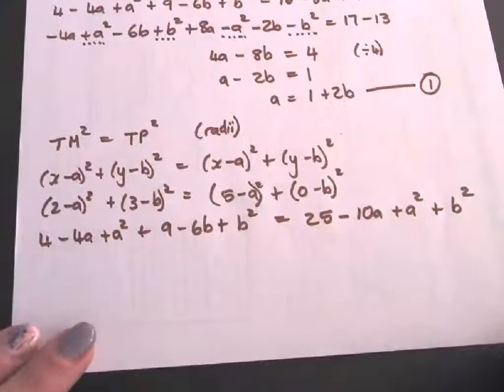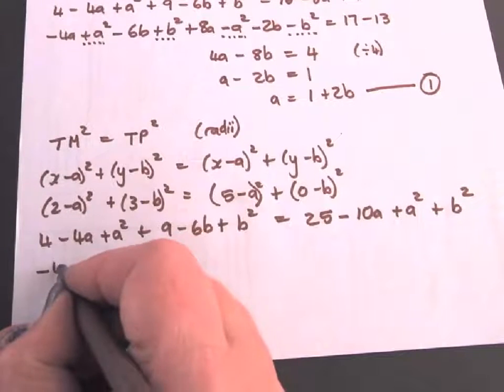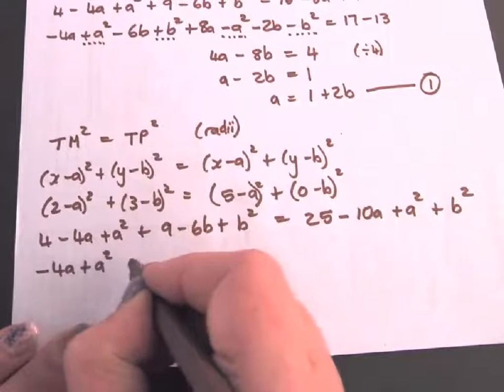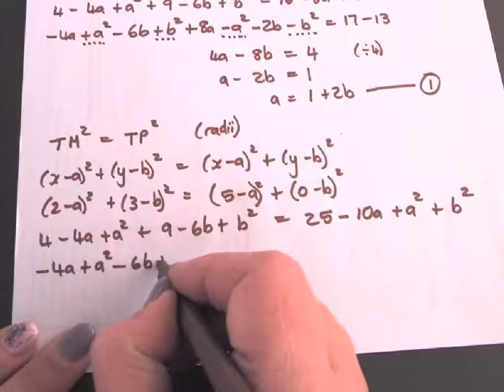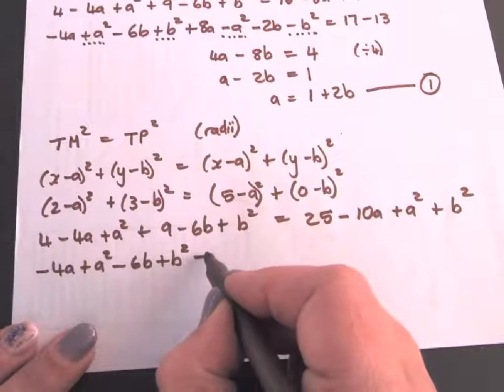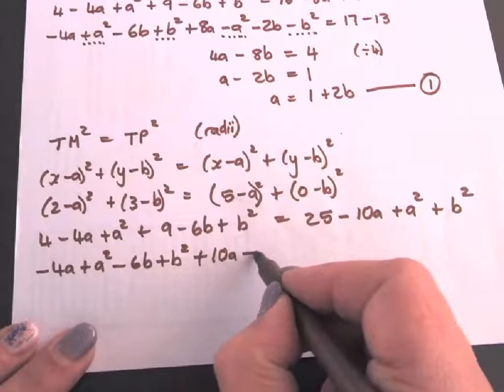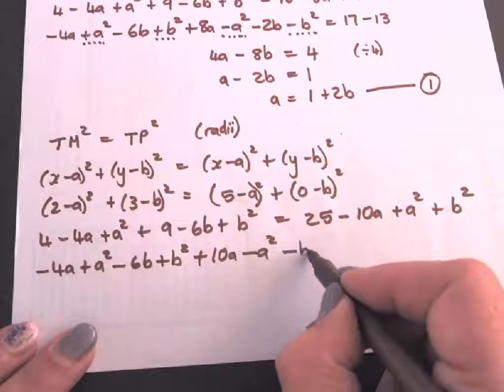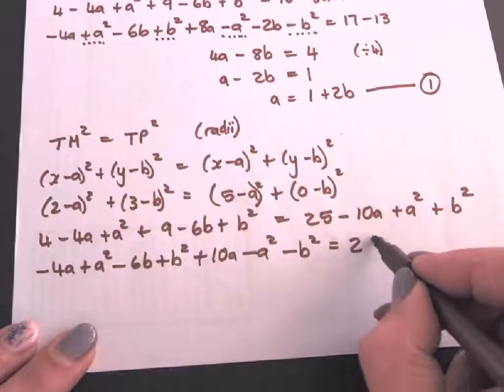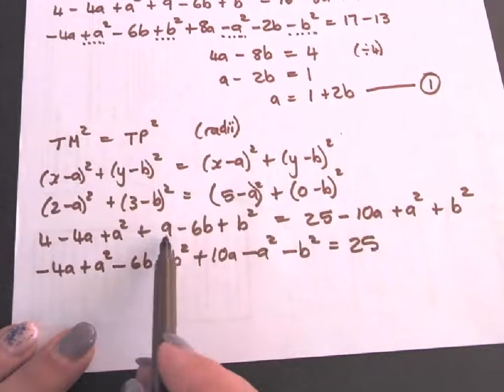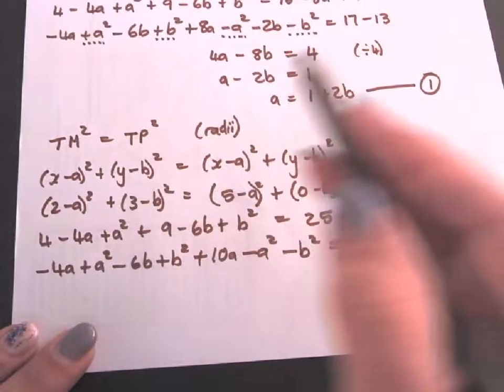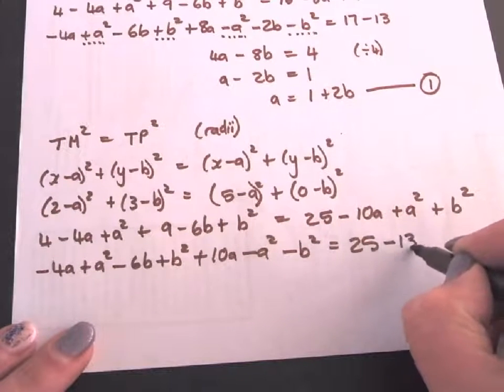Take all the variables to the left and all the constants to the right. Negative 4a plus a squared minus 6b plus b squared plus 10a minus a squared minus b squared equals 25. 4 plus 9 is 13, so take it over, negative 13.